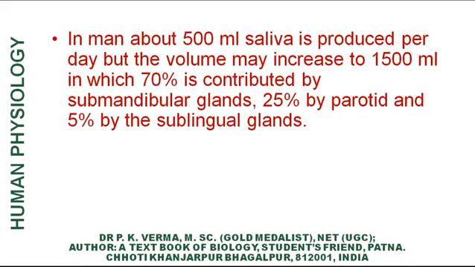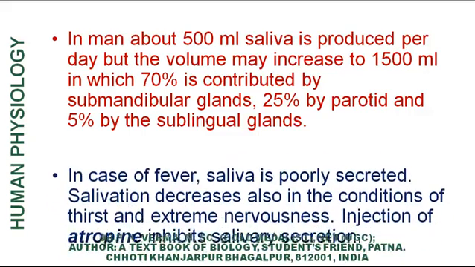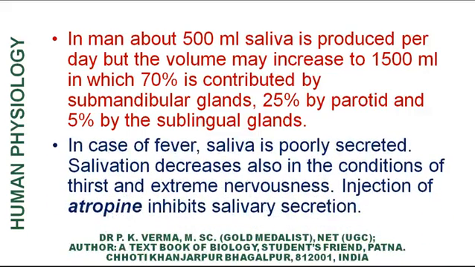So the maximum contribution of saliva is by the submandibular glands. In case of fever, saliva is poorly secreted. Salivation also decreases in conditions of thirst and extreme nervousness. Injection of atropine inhibits salivary secretion.